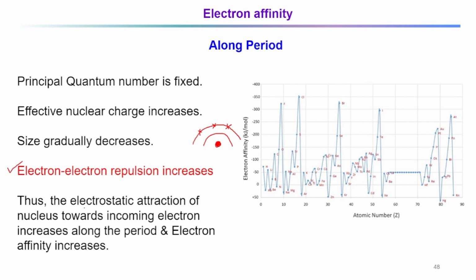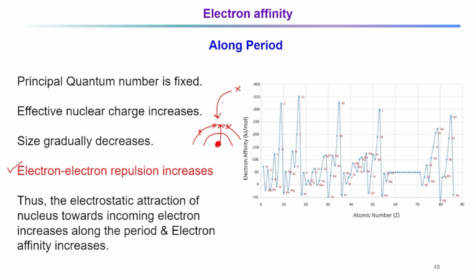So the electrostatic attraction of the nucleus towards the incoming electron increases along the period, and electron affinity increases. That means when we try to put another electron into this valence shell, as we go left to right along a period, the electrostatic interaction of the nucleus with the valence shell's electrons increases.